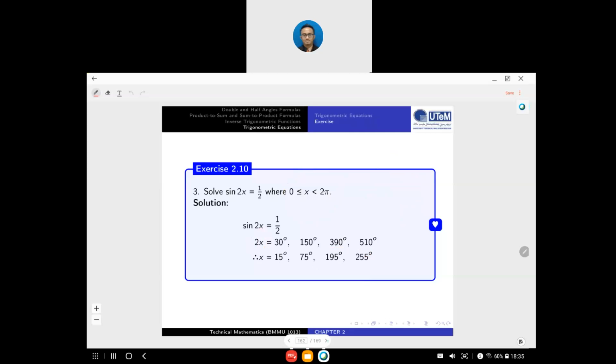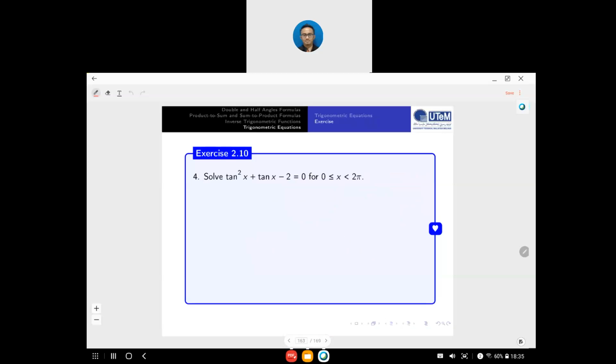And then question 4, solve tangent square x plus tangent x minus 2 equal to 0. So this one we can factorize. Tangent x minus 1 times by tangent x plus 2 equal to 0. So solve 1 by 1, sebab dua-dua akan sama dengan kosong.